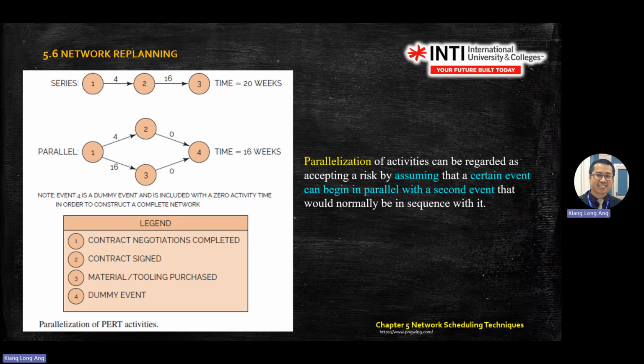But if you split 2 and 3 to become parallel, parallel means process 1 starts already, then you start 2. Process 1 finishes already, you start 3, becoming parallel. The total time you need for that project can reduce from 20 to 16, for example.